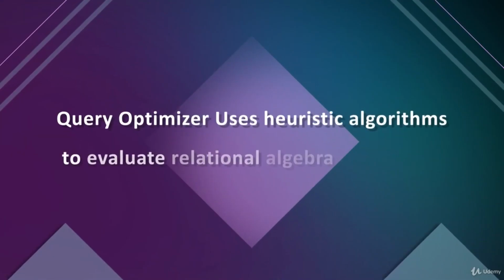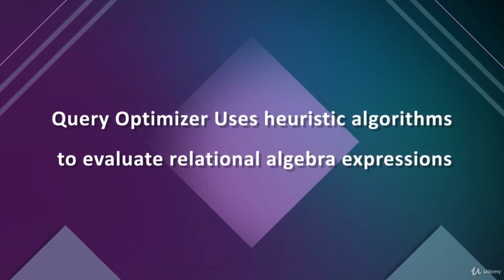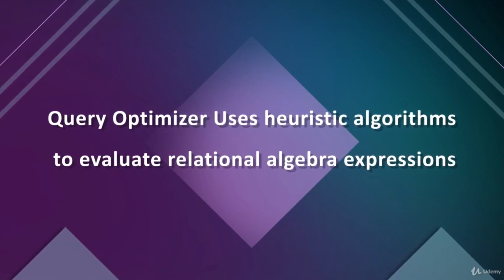The query optimizer uses heuristic algorithms to evaluate relational algebra expressions. This involves estimating the cost of a relational algebra expression, transforming one relational algebra expression to an equivalent one, and choosing access paths for evaluating the sub-expressions. Query optimizers do not optimize; they just try to find reasonably good evaluation strategies.